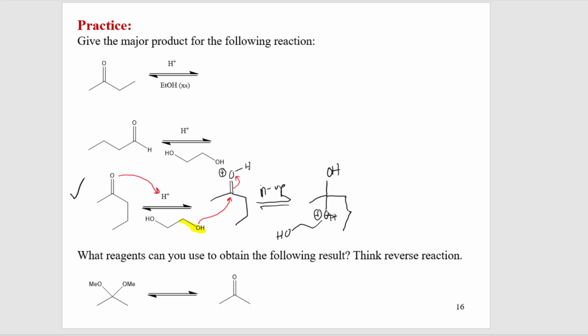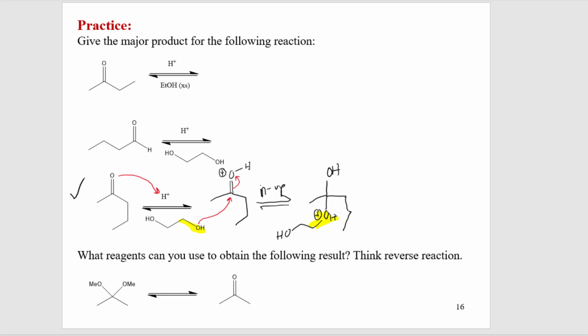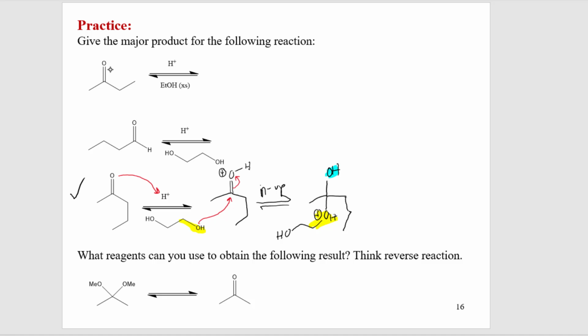Remember, we're driving on this alcohol. We're driving off the OH. We don't want to be stuck with a hemiacetal. So we did acid-base chemistry, in and up. Acid-base chemistry, or proton shift, right? We're going to shift the proton to make a better leaving group.